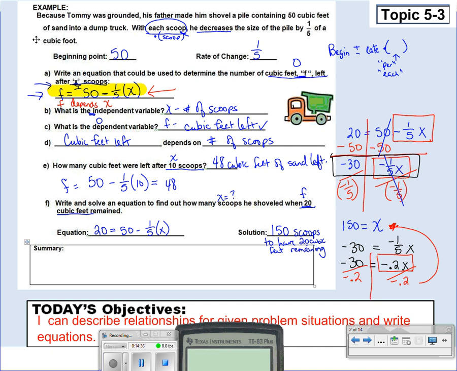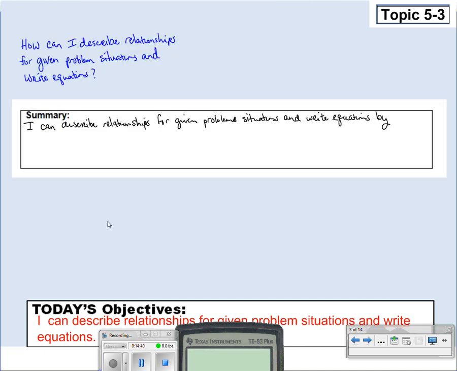The first thing we did was we came up with what's the beginning point and the rate of change. So in order for me to describe these relationships of the given problems and write the equations, I need to find the beginning point and the rate of change.